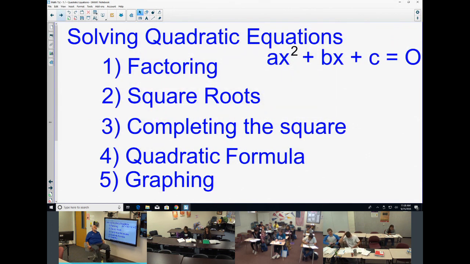Okay, so there's 5 different ways that you've learned to solve quadratic equations. And we're going to review all of these. Okay, so number 1, factoring. 2, square roots. 3, completing the square. 4, the quadratic formula.